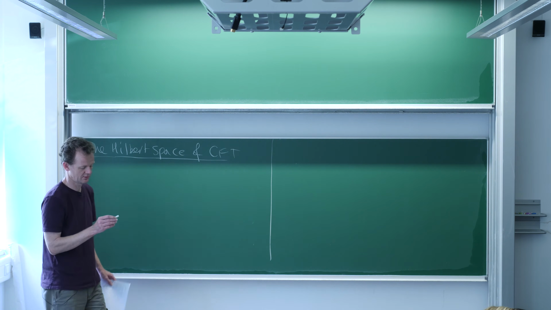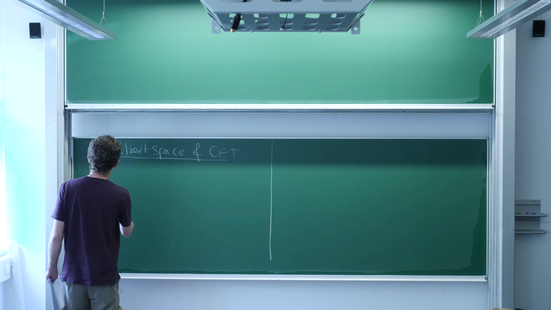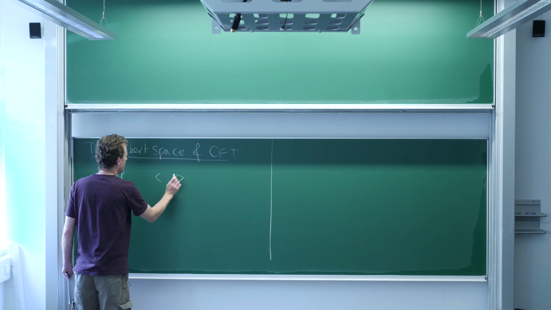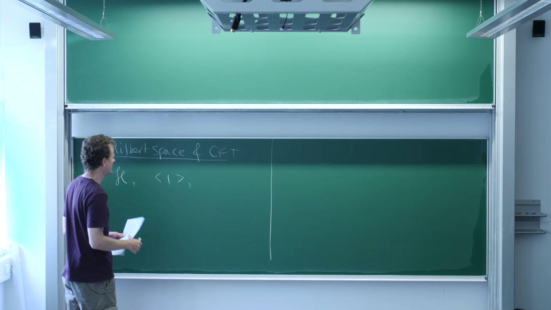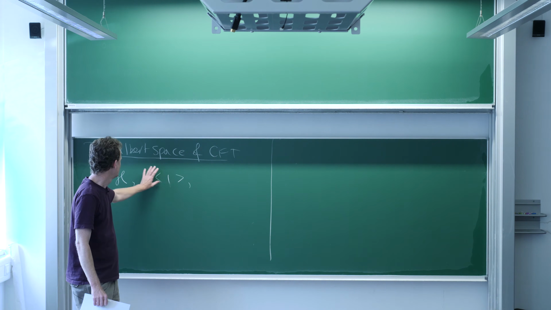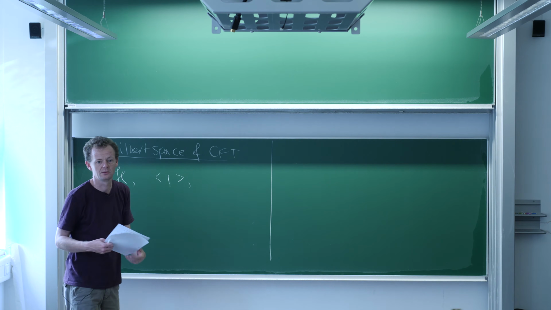So a Hilbert space, what is it? Well, it's a vector space with some kind of inner product, and there's a topology induced by this inner product, and the Hilbert space is complete with respect to that topology.